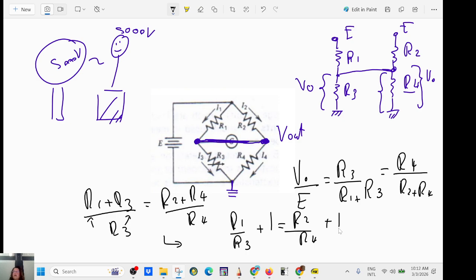Are you with me? This is just algebra. The plus 1 goes bye-bye on both sides. So you have R1 over R3 equals R2 over R4. And that's it. You can isolate R4.